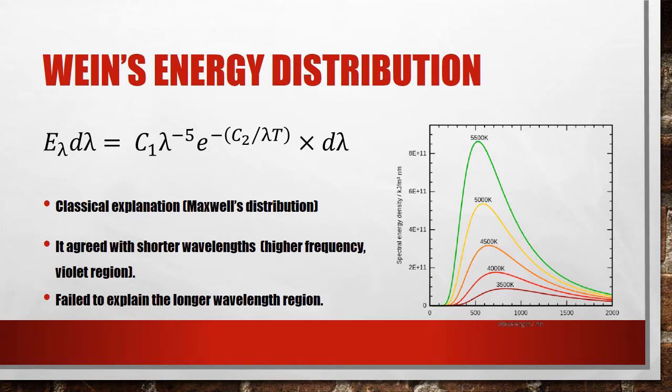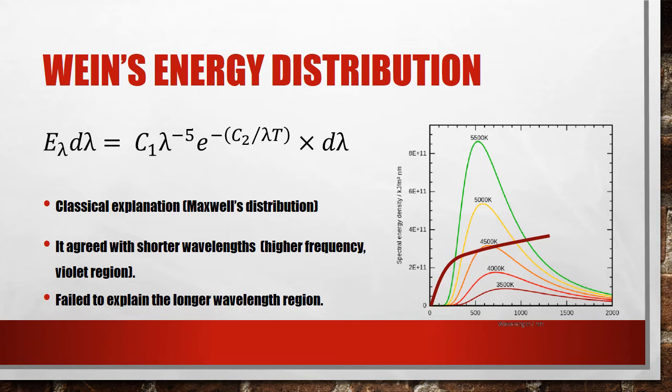When this graph is plotted, towards the lower wavelengths, the shorter wavelengths or the higher frequencies, the energy distribution is almost like the black body radiation spectrum, because towards the lower wavelengths the equation depends on the exponential term, that is the lambda T term.